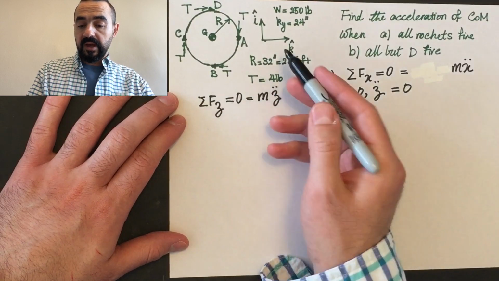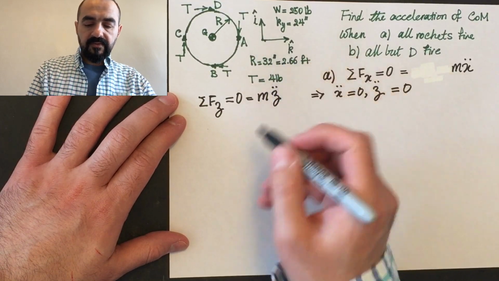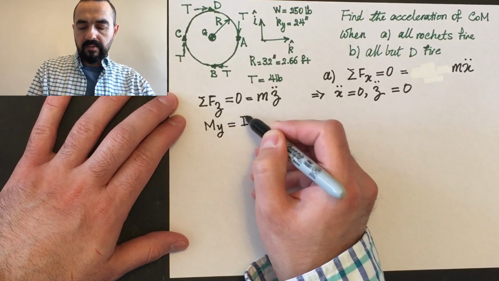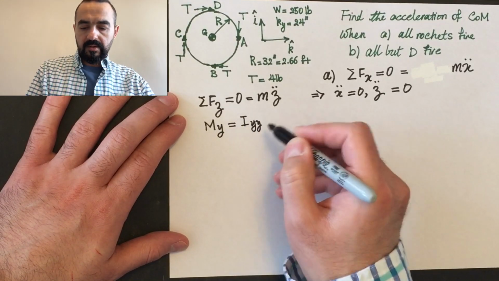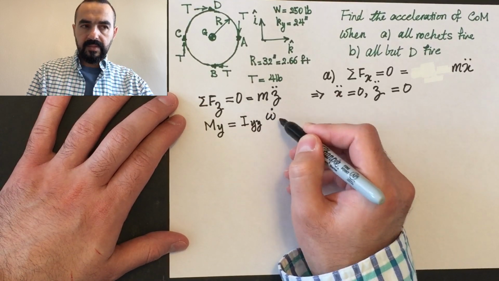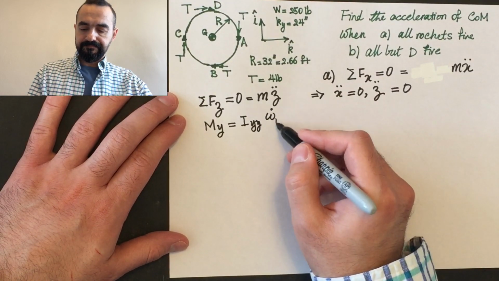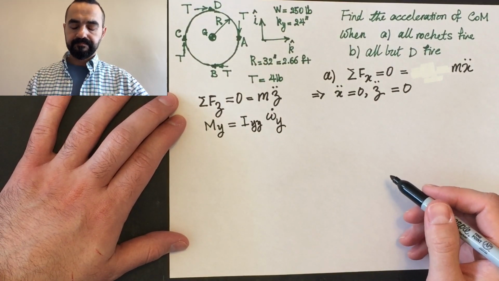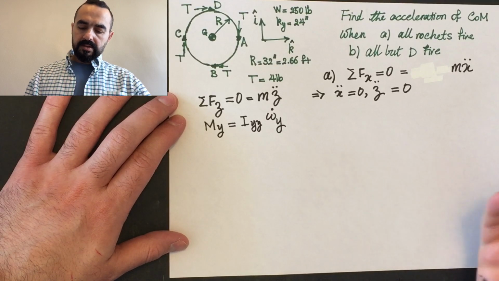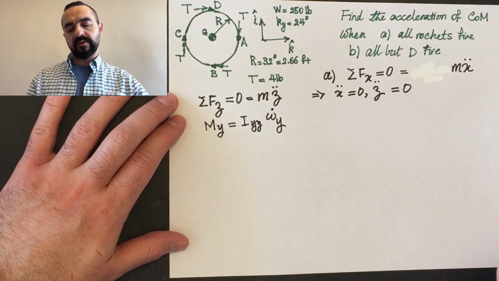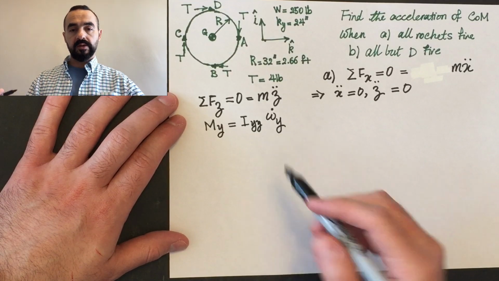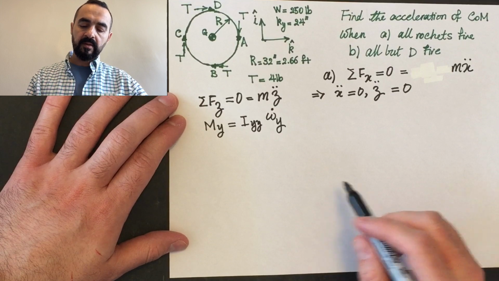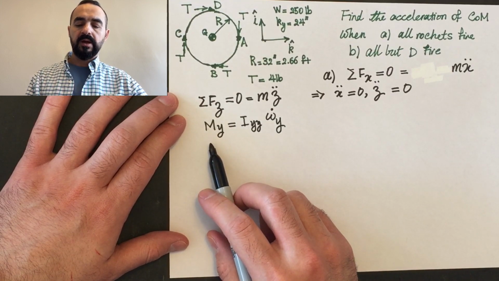So we are in xz plane, therefore we have Σ My equal to Iyy omega dot about y.